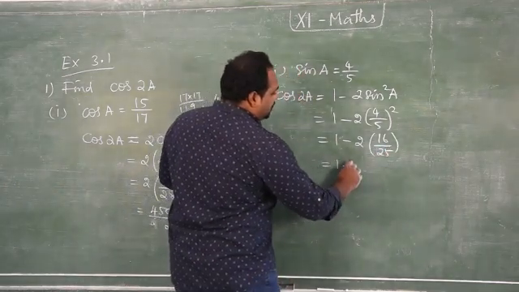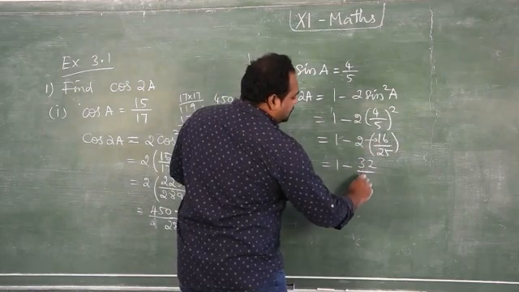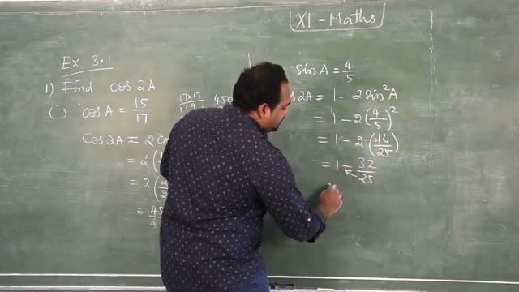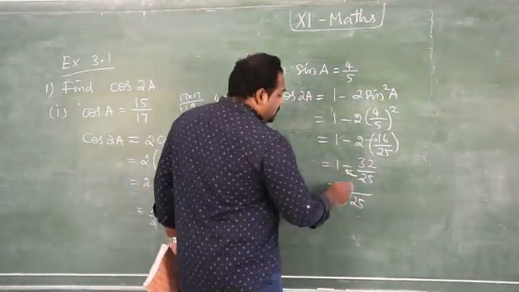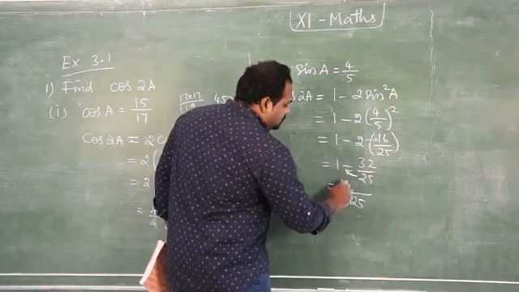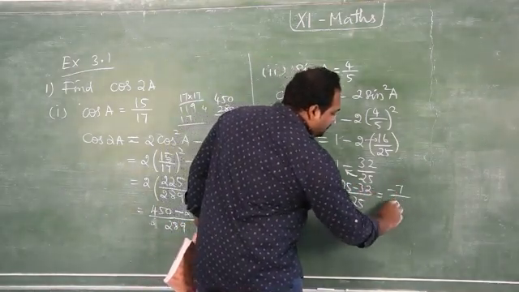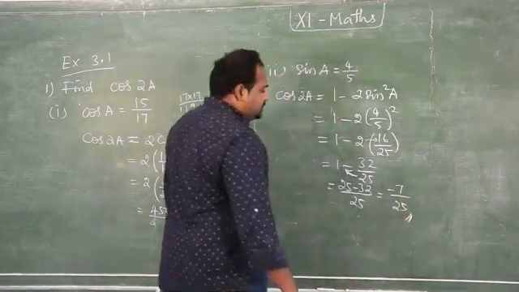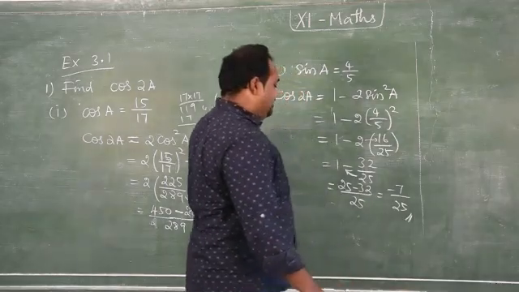Now 1 minus 32 by 25, just cross multiply with the common denominator. 25 into 1 is 25 minus 32, which is minus 7 by 25. This is the cos 2A value when you are given the sin A value.